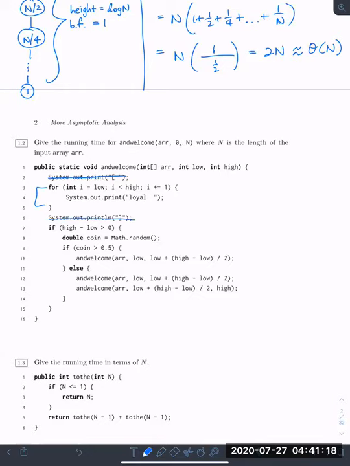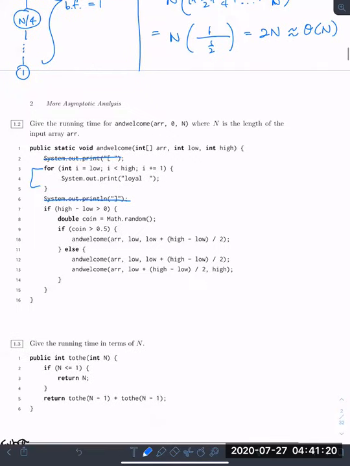And then we have if high minus low is greater than 0, we have this random number. And if it's greater than 0.5, then we do one recursive call. Basically, if I want to draw out visually what this function is doing, although it's not really necessary for you to have a good understanding of what the function is doing, it's taking the middle value, high minus low divided by 2, right? So this is kind of the mid.